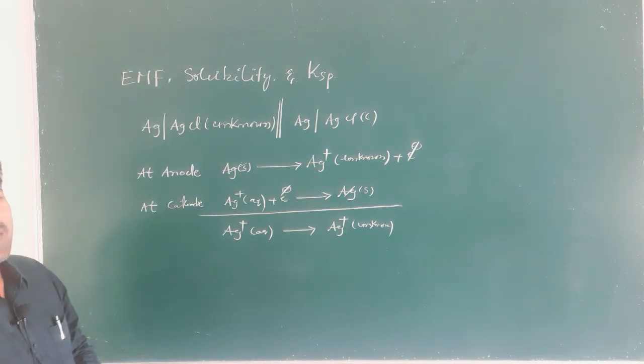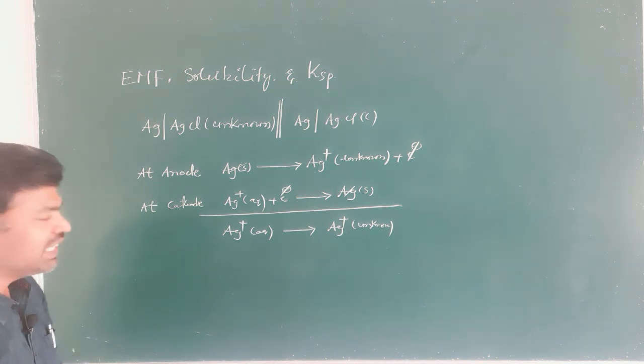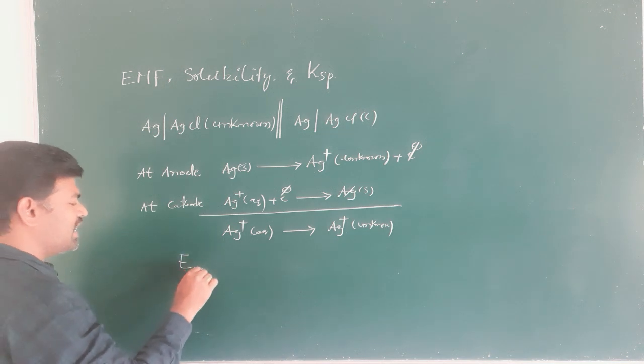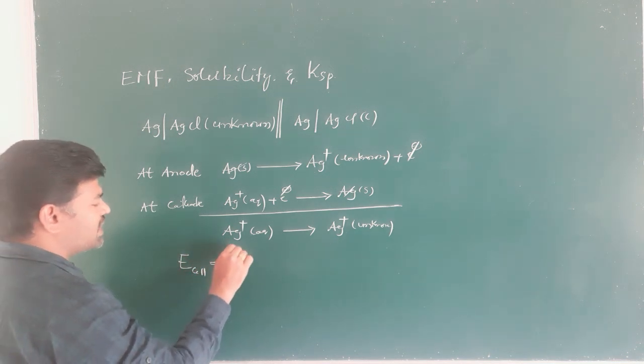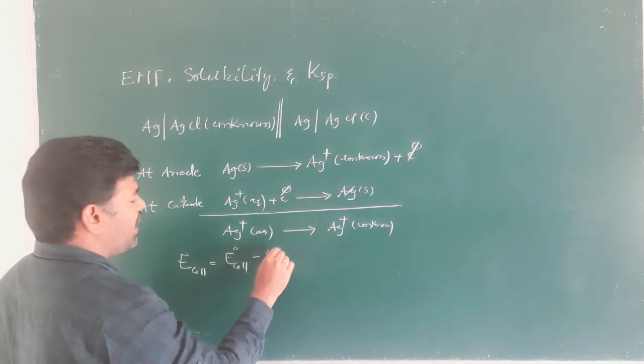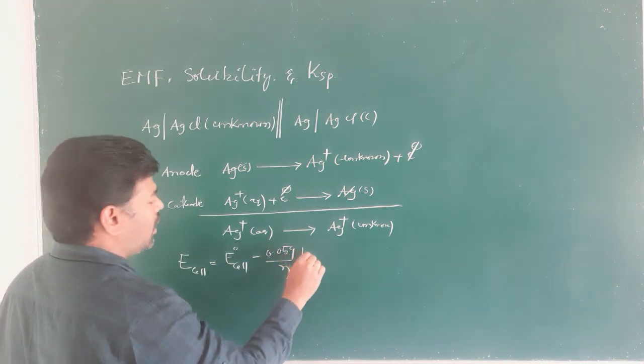EMF of a cell is calculated with the help of the Nernst equation, that is E cell is equal to E naught cell minus 0.059 by n log concentration.